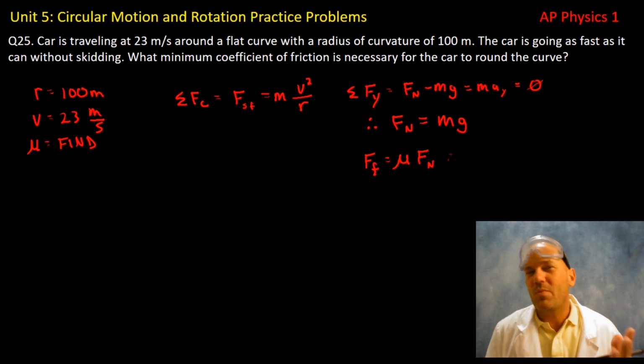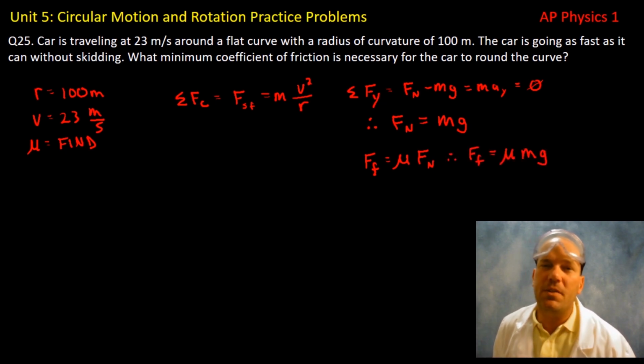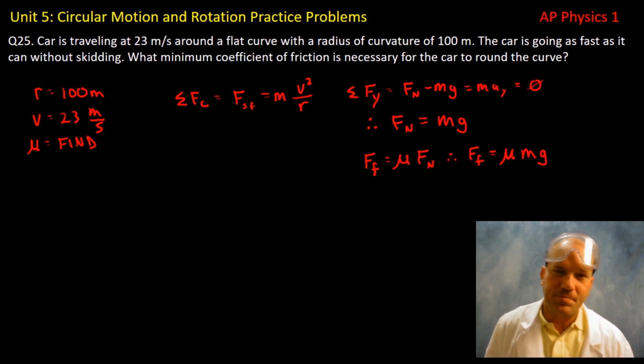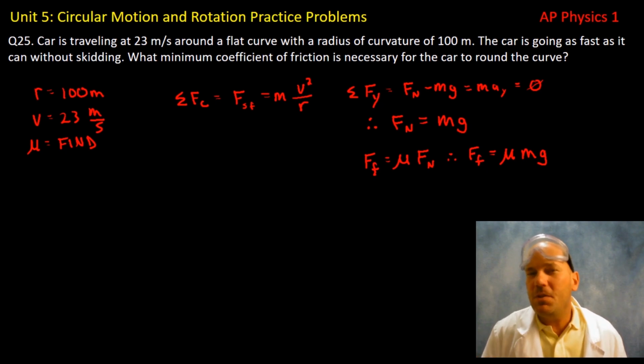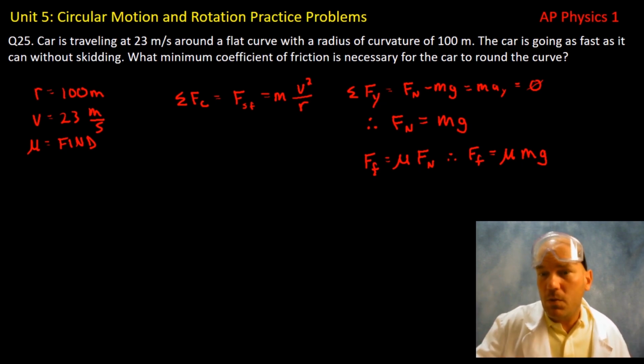All right. Physics is fun. Anytime you're asked about coefficient of friction, I said you might want to write down that the force of friction is equal to mu multiplied by mass times gravity, or in this case, force normal.